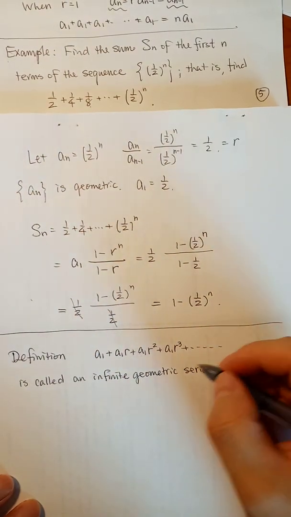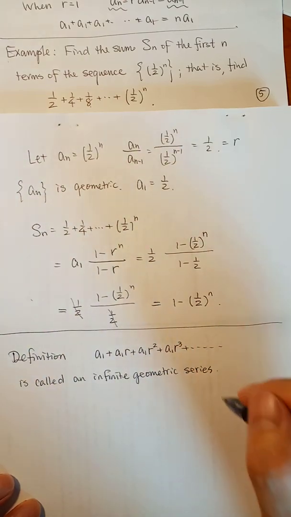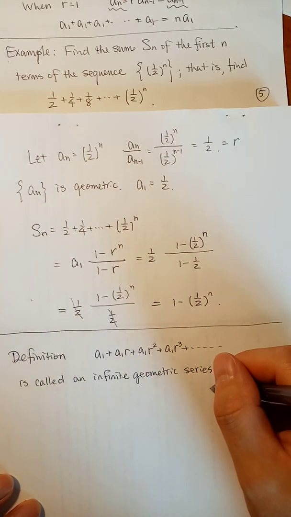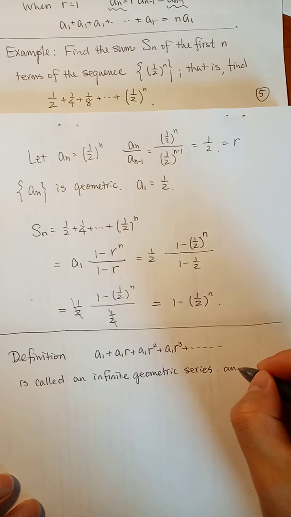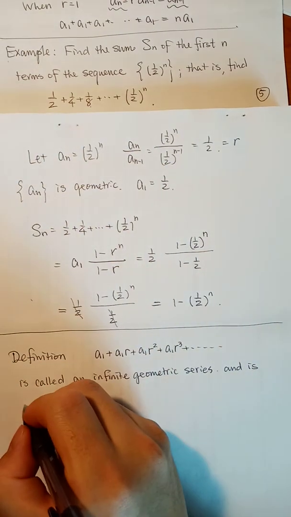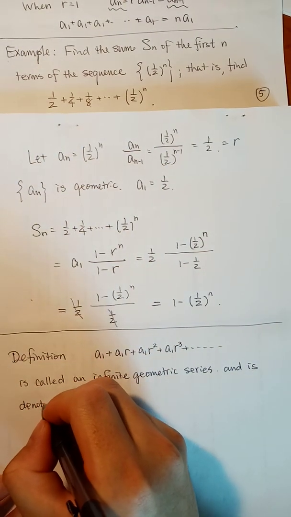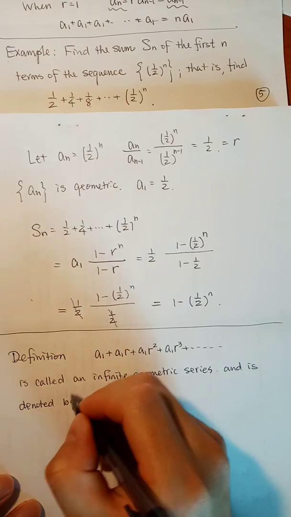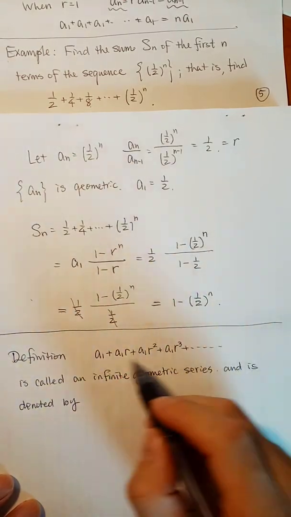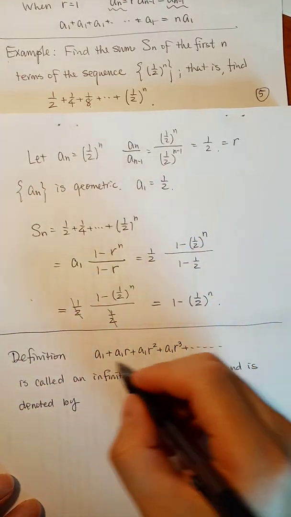If you have infinite terms, it's a series. If you have finite terms, it's a sum. And it is denoted by the following thing. We don't want to always write this long form. We write a short form.